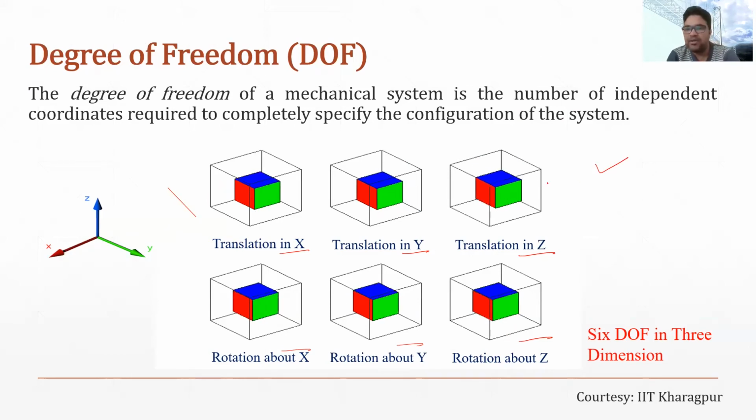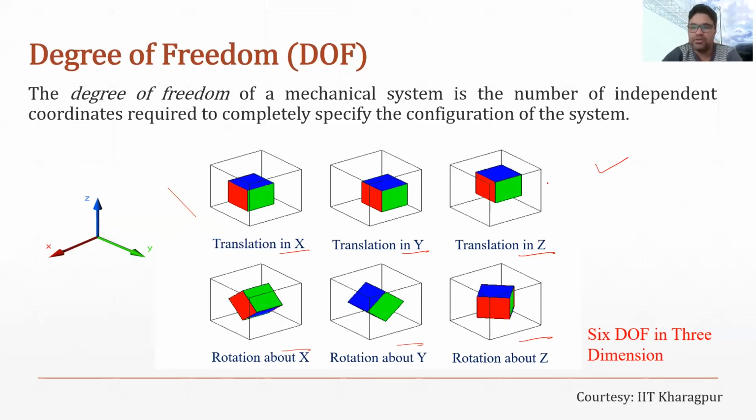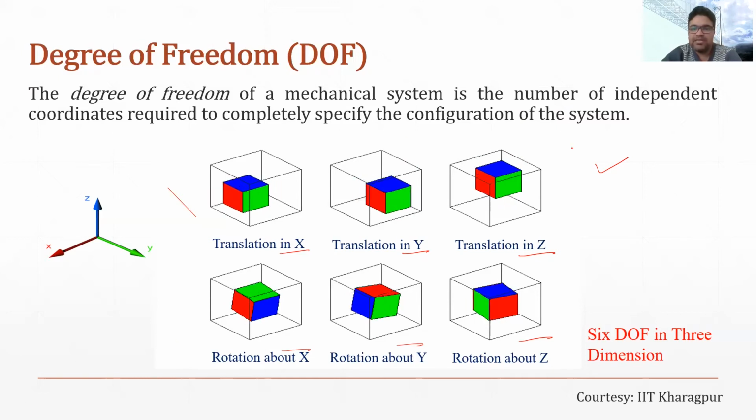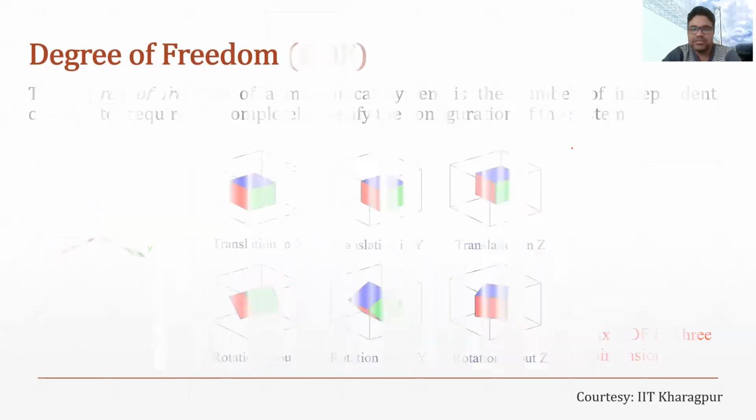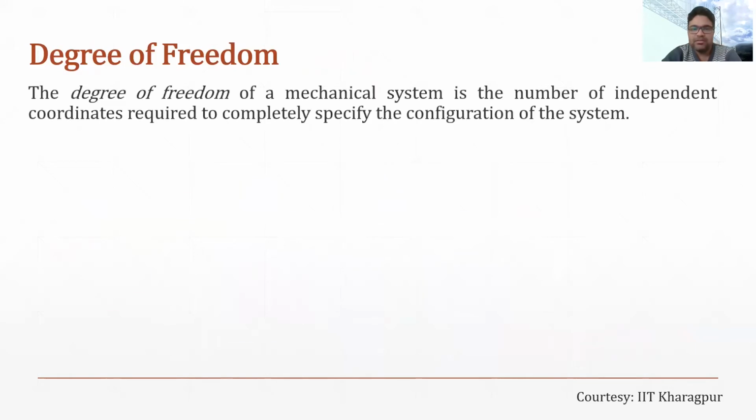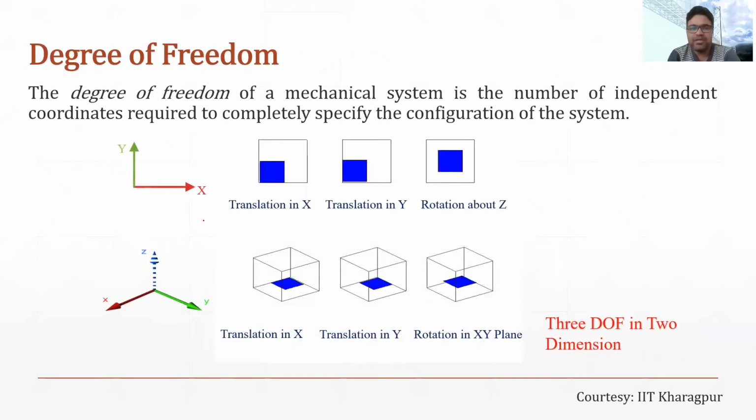But as I said, we will generally analyze our structure in 2 dimensions for less complication. So when we analyze our system in 2 dimensions, there are 3 possible movements: translation along the x-axis, translation along the y-axis, and rotation about the z-axis.